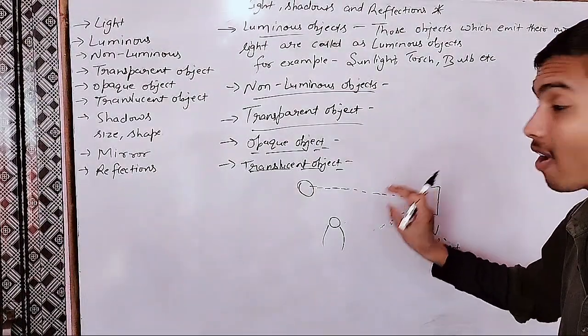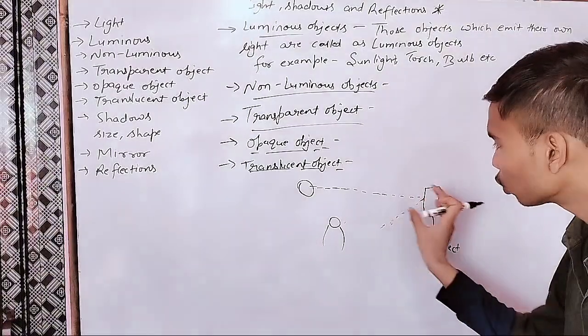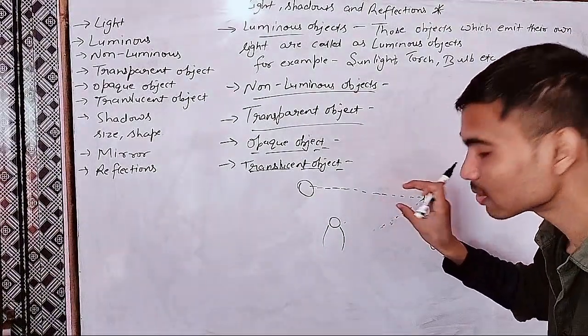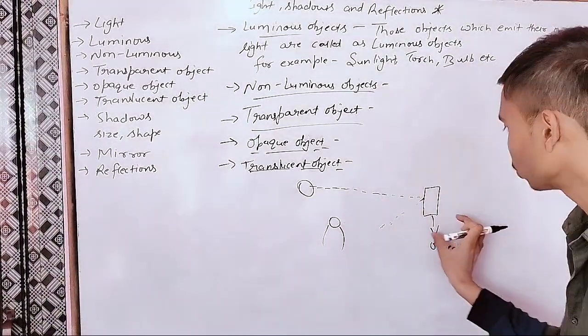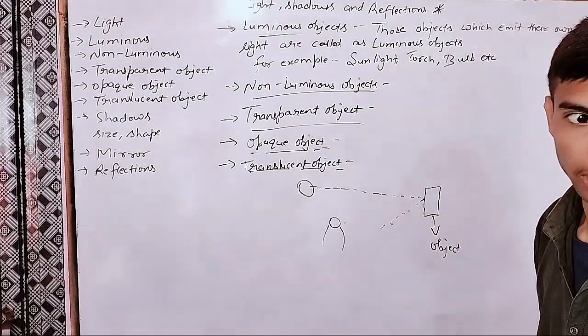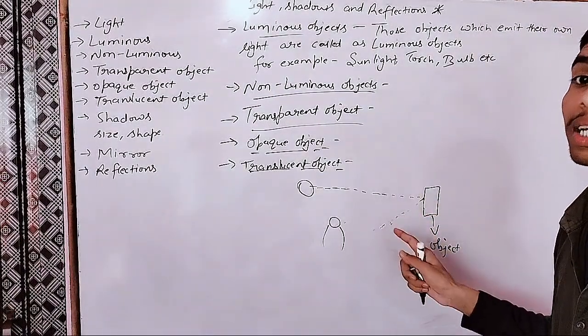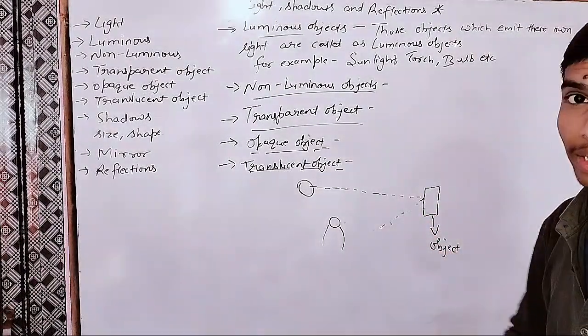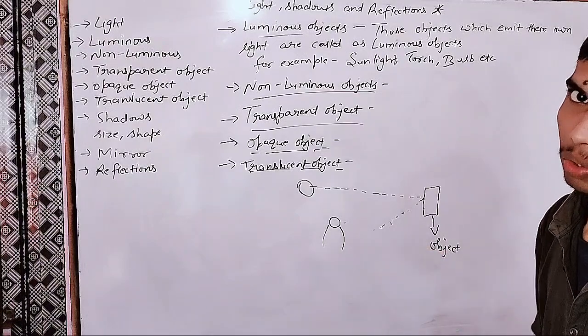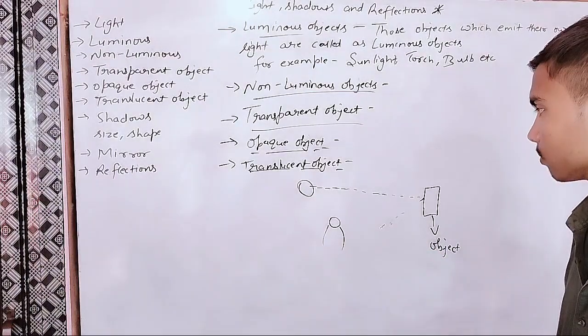I am saying that this object will allow some light to pass through it, but some light this object would not allow. Clear?